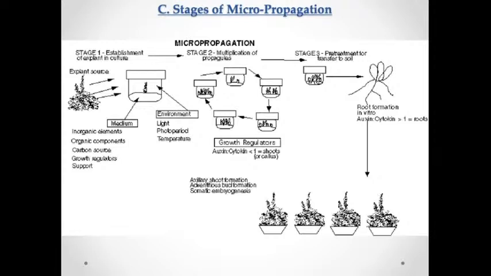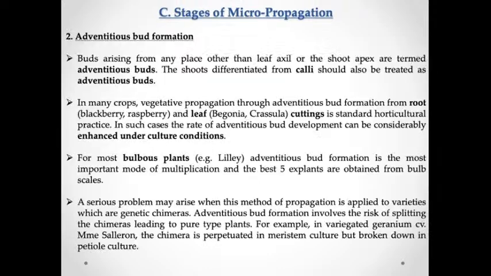By this method you grow your whole plant later on. So this shows how micropropagation is done in a detailed manner. I hope the definition, its steps, various ways of doing it and how it is done are clear to you.